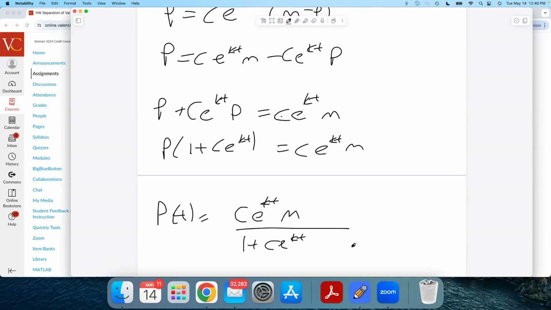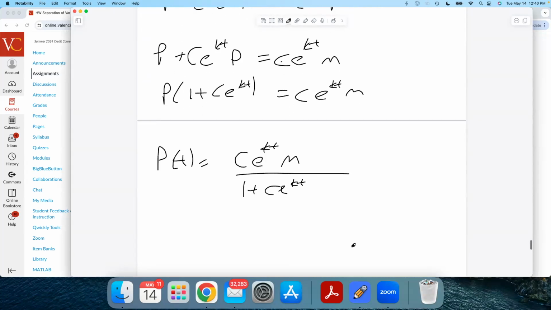Now, a lot of books will then multiply top and bottom by e to the negative KT to make this disappear up here. I'm allowed to do that as long as I do it top and bottom. This will cancel that, and you get e to the 0, which is 1.